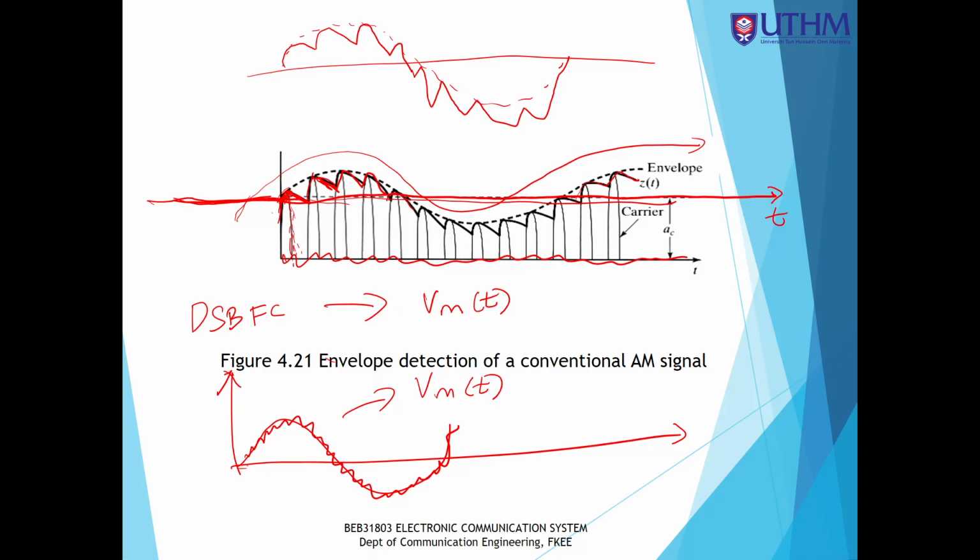We want to get the original input signal VMT, the modulating signal. So we get the output of this demodulator circuit. We produce a sine wave VMT, but it is not smooth due to the charging and discharge of the RC tank circuit.